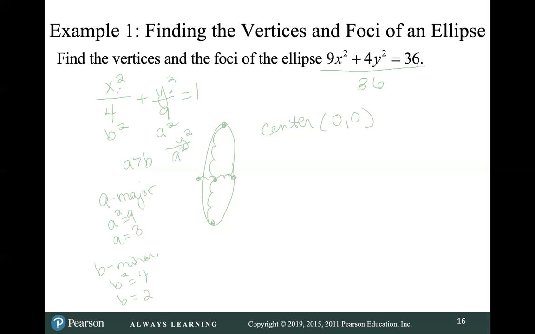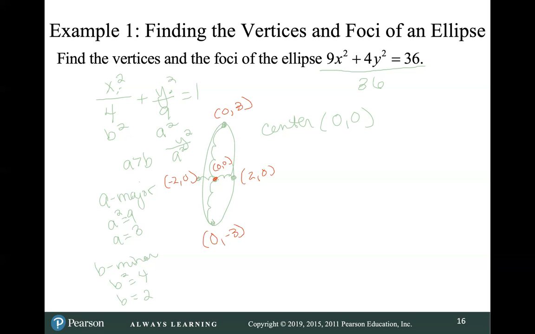Okay, so from 0, 0, if I go 2 to the right, I'm at 2, 0. If I go 2 to the left, I'm at negative 2, 0. If I go 3 up, I'm at 0, 3, sorry, I did that backwards. And 3 down, I'm at 0, negative 3.